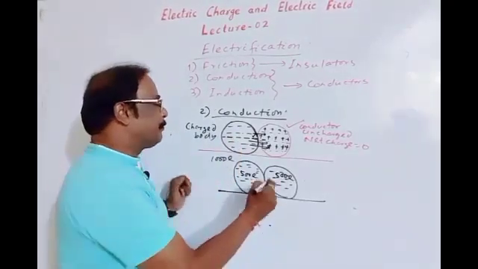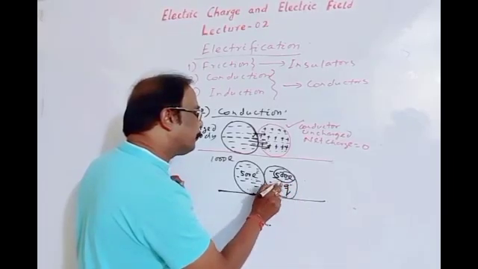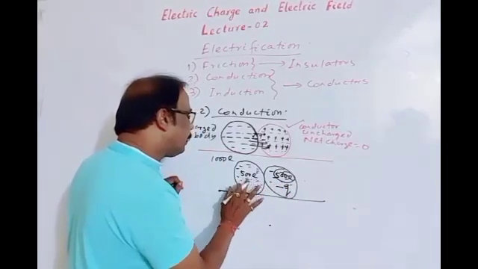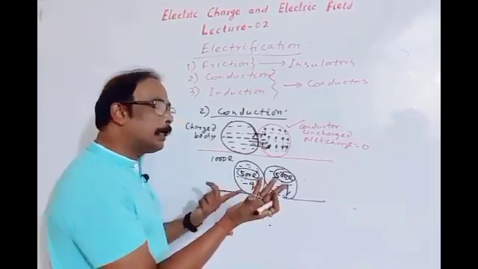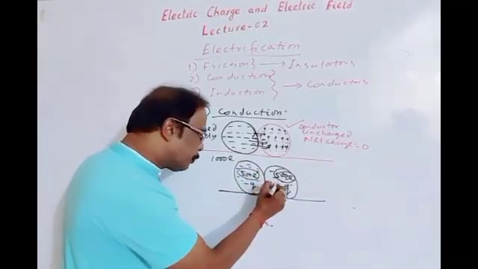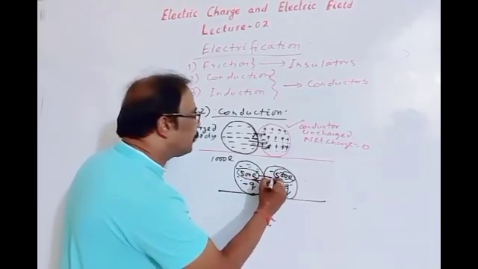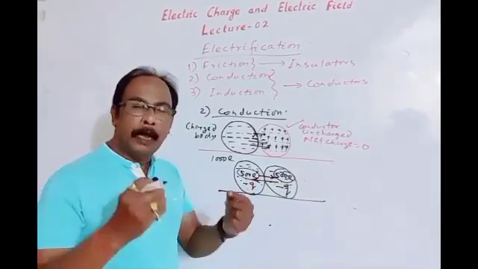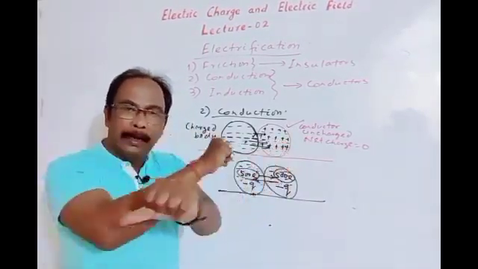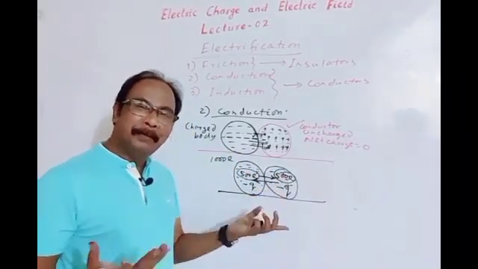Why? Because due to these 500 electrons, the total charge is minus Q. On this body also, the total charge due to 500 excess electrons is minus Q. So this minus Q repels that minus Q, and that minus Q also repels this minus Q. These two forces are equal in magnitude and opposite in direction, so the resultant force between them will be 0.